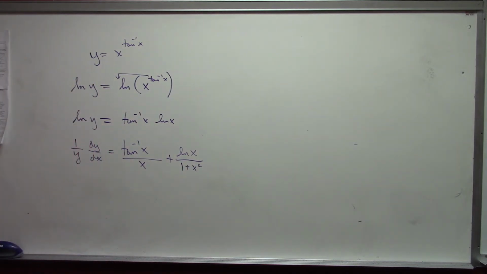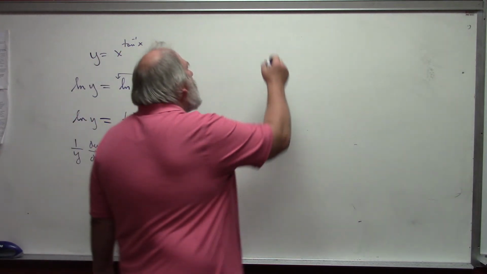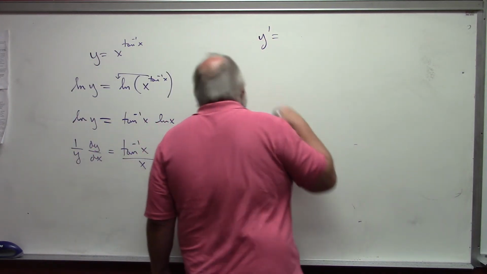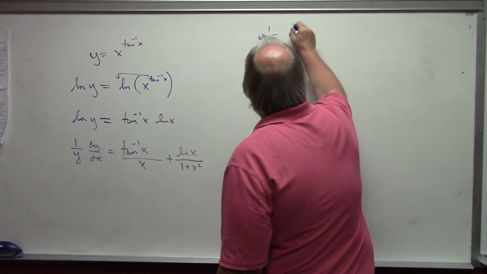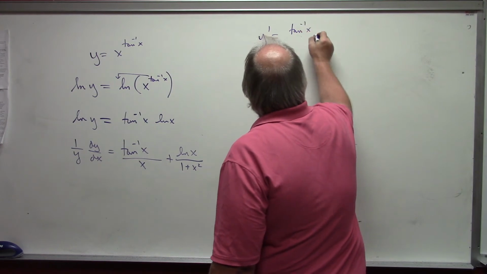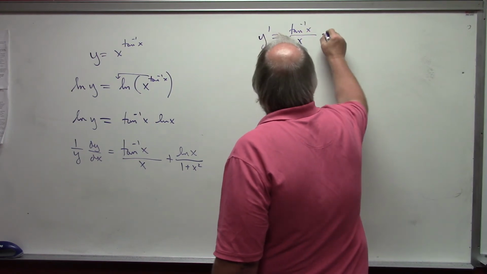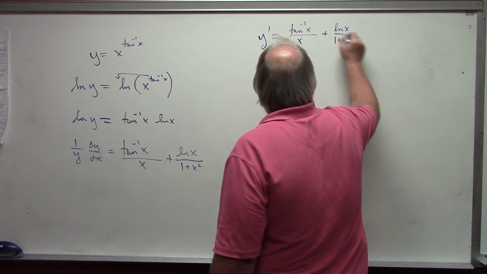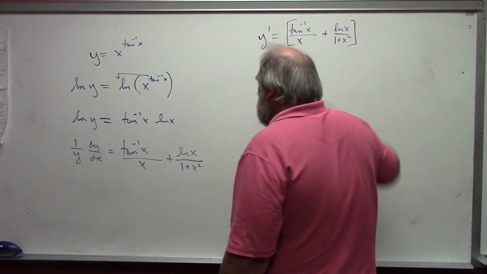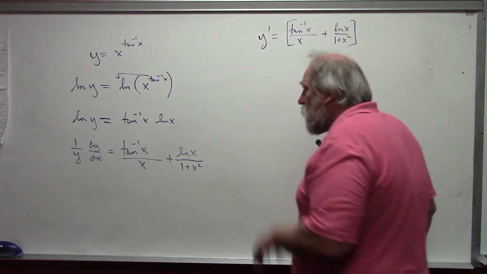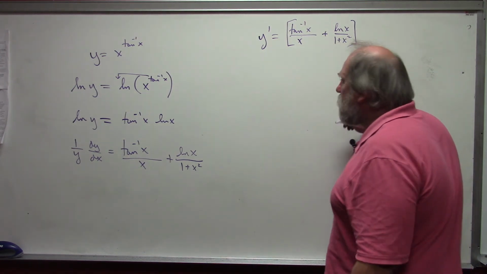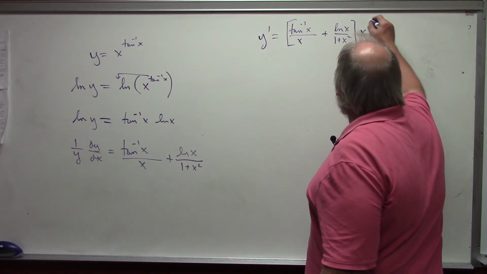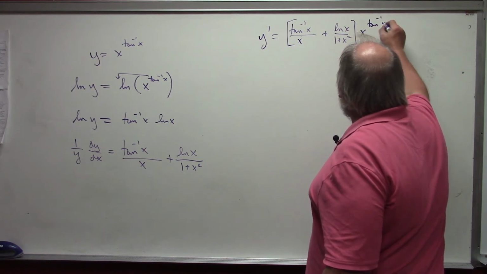Which means my derivative y prime is equal to arctan of x over x plus the natural log of x over 1 plus x squared, times my original function y, and I will just go ahead and write that, x to the arctan of x.